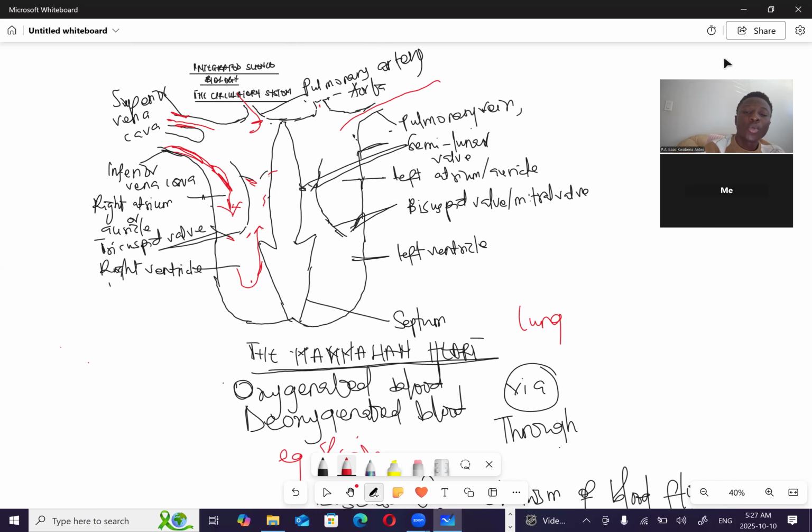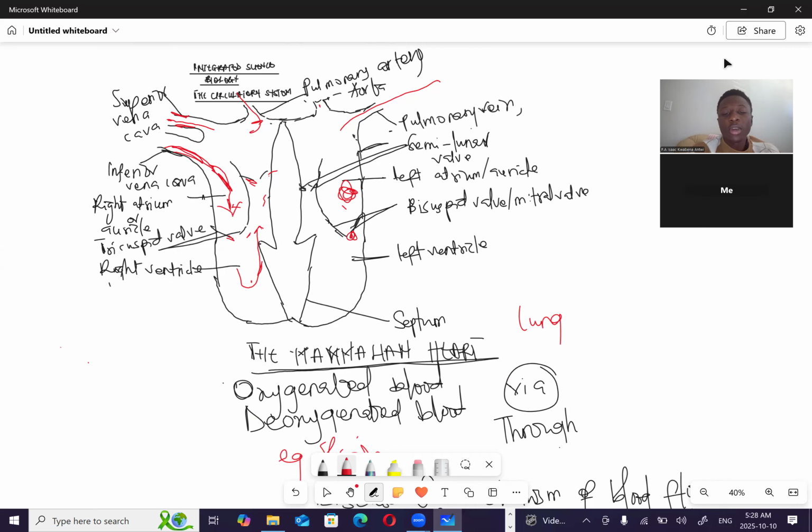From the pulmonary vein, the blood is pumped to the left atrium. When the left atrium gets filled up, the mitral valve or the bicuspid valve opens and allows it to flow to the left ventricle.